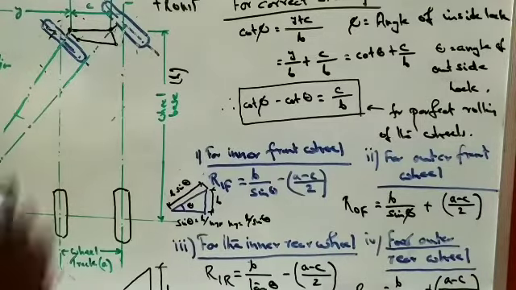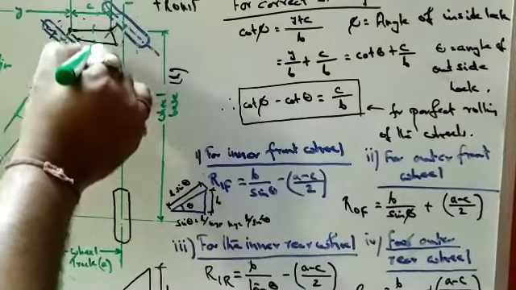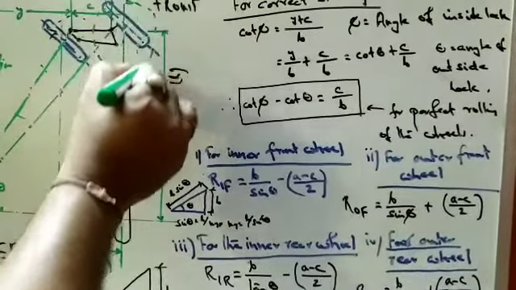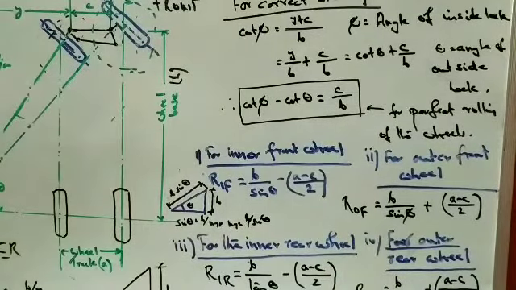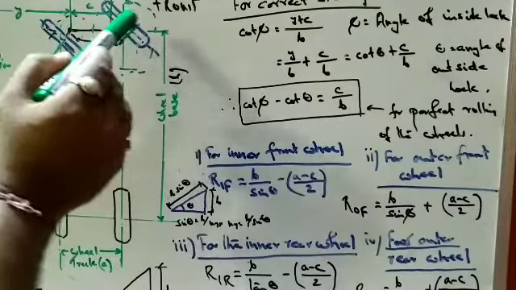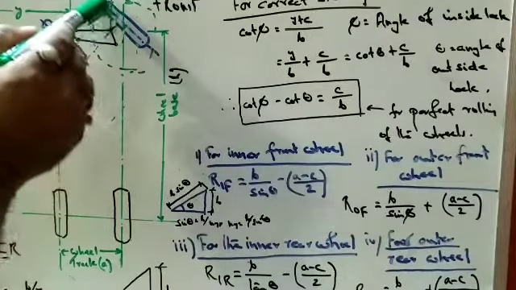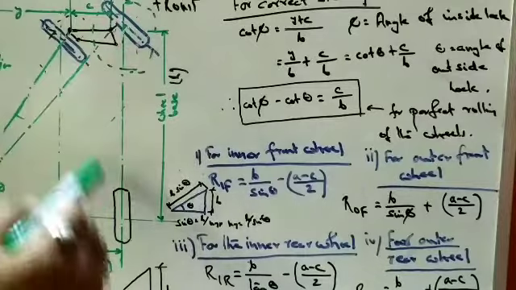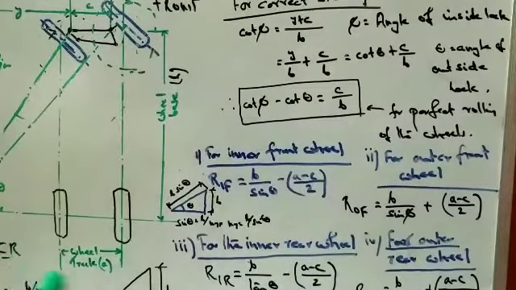So if you take a radius like this, this should be A. A is the wheel track distance. So there should be A minus c by 2, this half length.